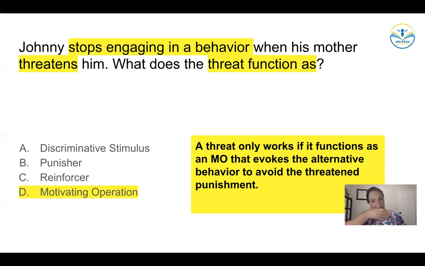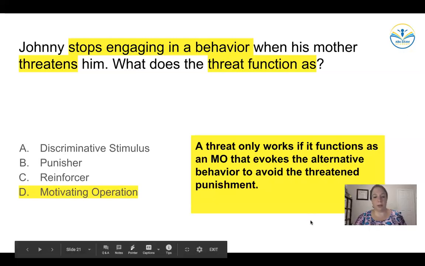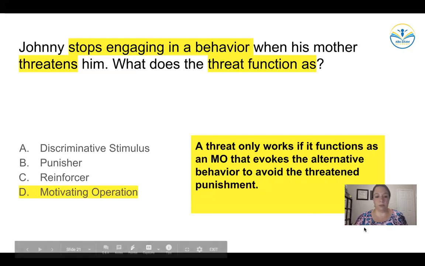Yeah, it's a threat. So here we're looking specifically at what the function of the threat is. So it would be an abolishing operation, correct? Yes, because we're trying to get rid of the punishment that's coming if he continues to engage in that behavior. So he's trying to avoid that. Thank you. Yep, no problem. But you guys did good. This was a hard question.